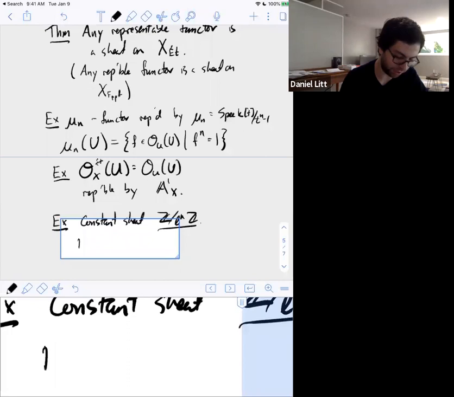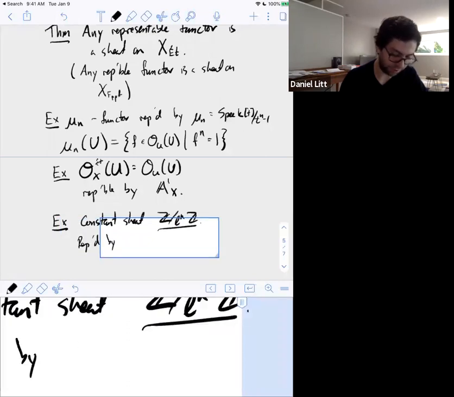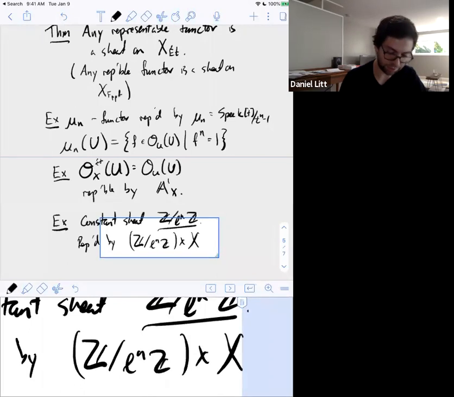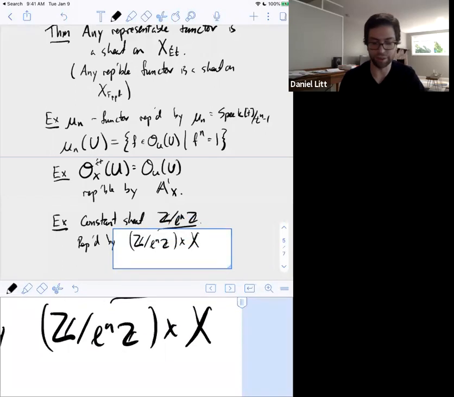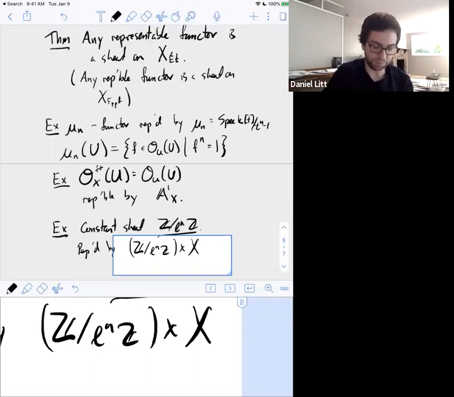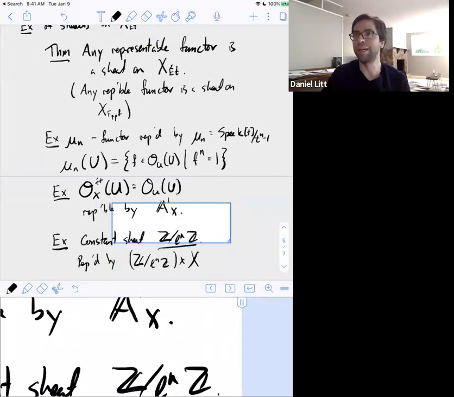So this is represented by just, we take the set Z/l^n Z times X, viewed as an X scheme. What I mean by this is just take the disjoint union of l^n copies of X. Yeah, so that's why I'm multiplying everything by X.